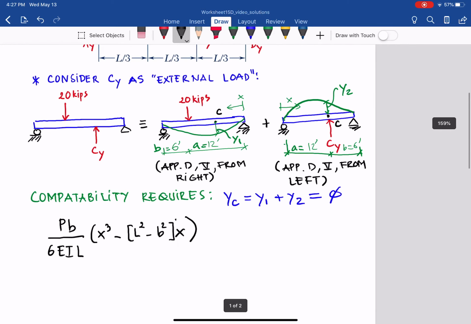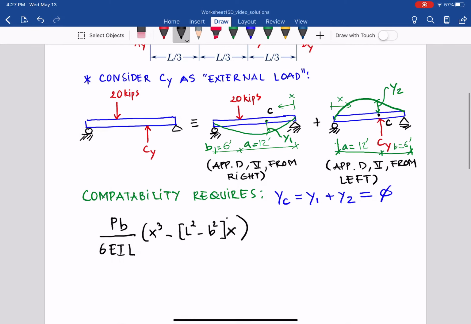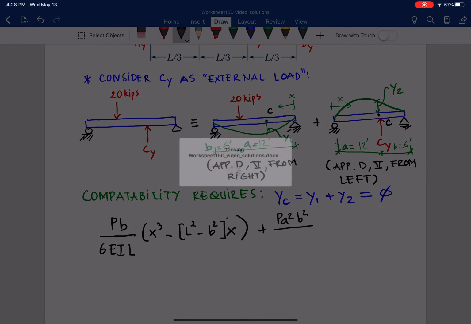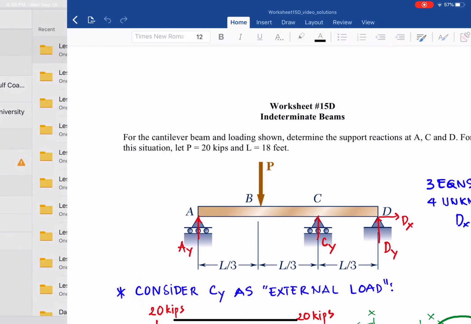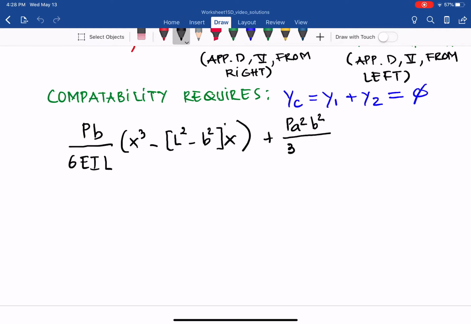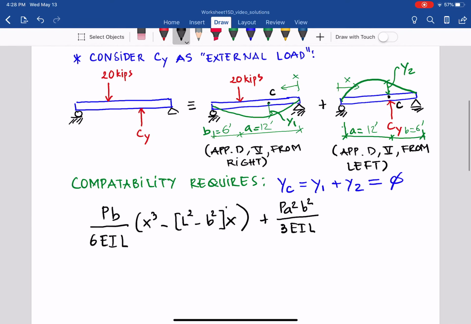So we can apply that equation there, plus P A squared B squared over 3EIL.